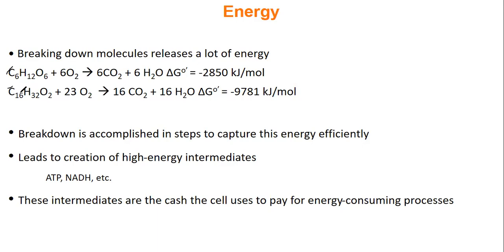And we capture this energy in the form of molecules: ATP, NADH, FADH2, NADPH, FADPH2. We have a lot of molecules that we can use as energy sinks. And you can think of this as currency, ATP, NADH. We break down these higher structured sugars and fats to create cash. We then use this cash to build stuff or make stuff.